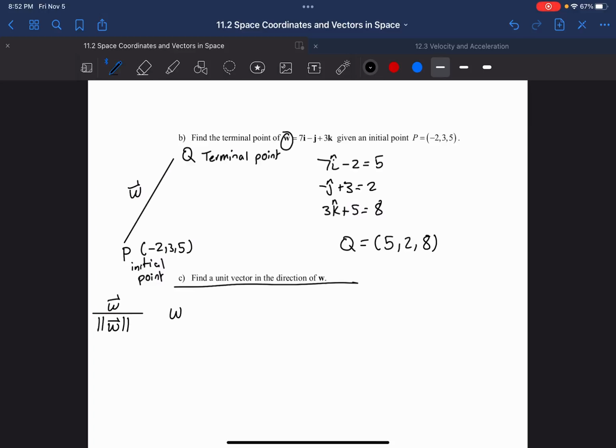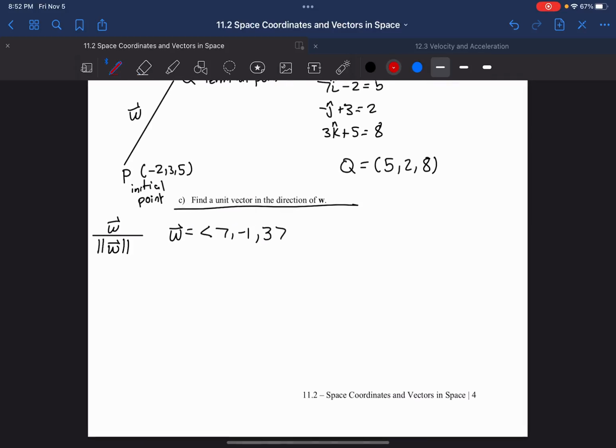So here, W equals, I prefer to write it out in component form, but you can do it either way, (7, -1, 3), which is straight from here. Okay, and then we want to find the magnitude of this.